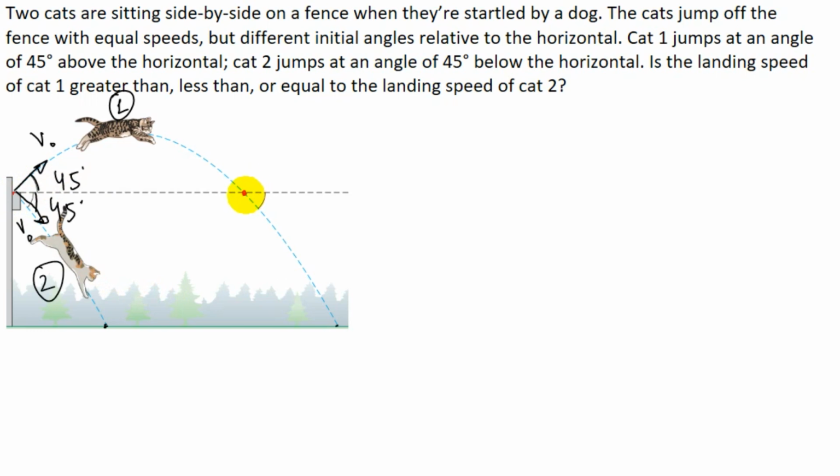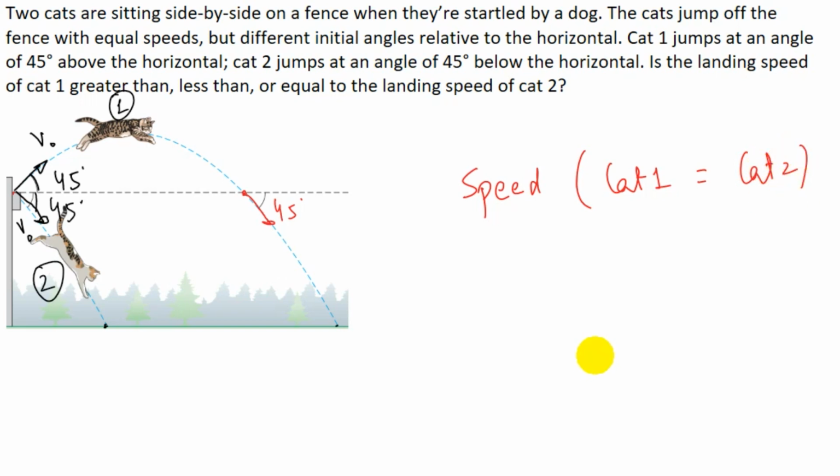So here cat 1 would be moving down with the same speed and at an angle of 45 degrees below horizontal. Now from this point, the motion for cat 1 and cat 2 is the same. Thus cat 2 and cat 1 land with the same speed. So we can say that the speed of cat 1 will be equal to the speed of cat 2.